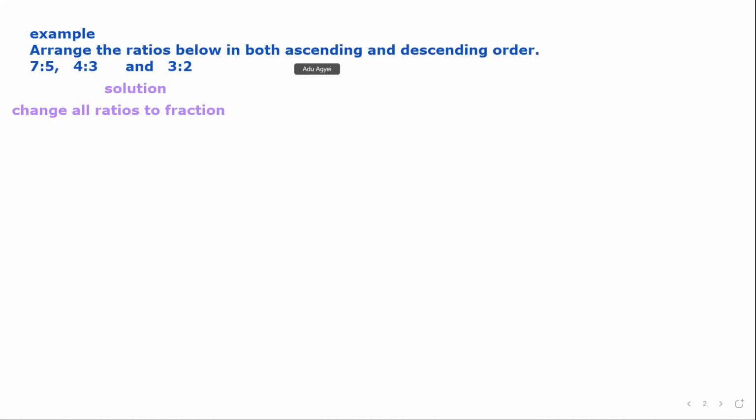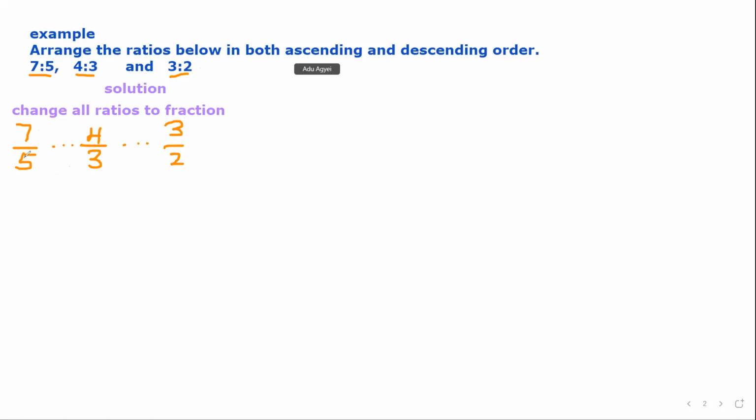The first ratio here is 7 to 5. 7 to 5, when you change to fraction, is 7 over 5. Then the second ratio, which is 4 to 3, the fraction is 4 over 3. And then the fraction for 3 to 2 here is what? 3 over 2. Okay, good.